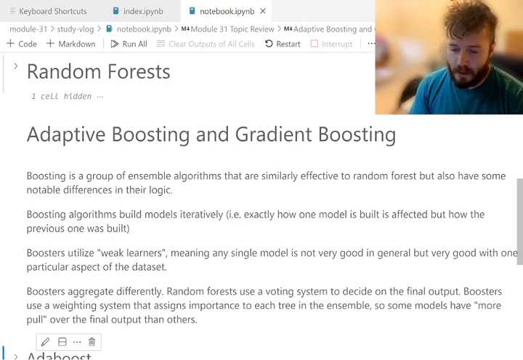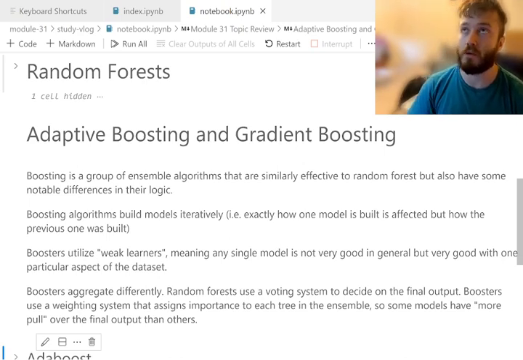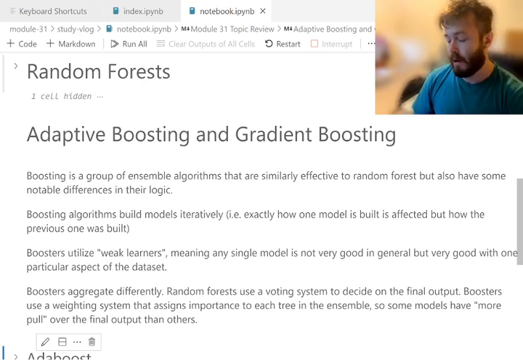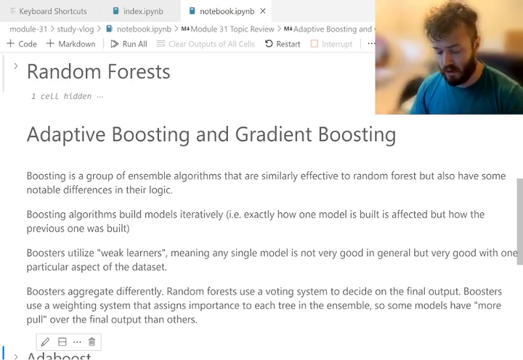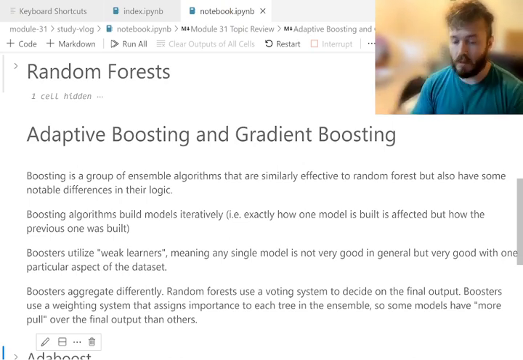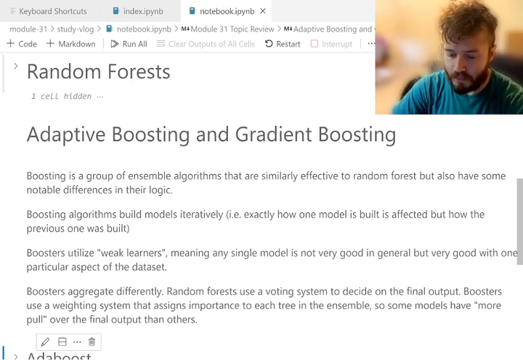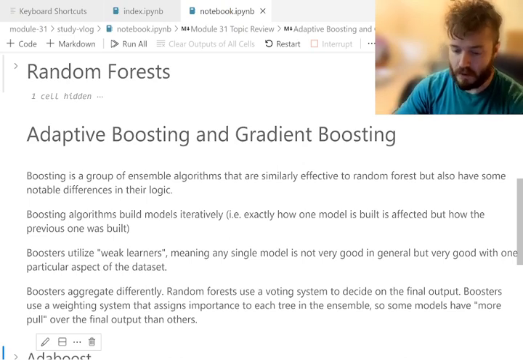That's part of where the iteration comes from: you iterate and you have this ensemble set of models, and each one of them doesn't generalize very well, but it overfits to one particular dimension or aspect of the data. And so as an ensemble, all of those models together generalize extremely well, because you're taking the best aspects of each of these weak learners.